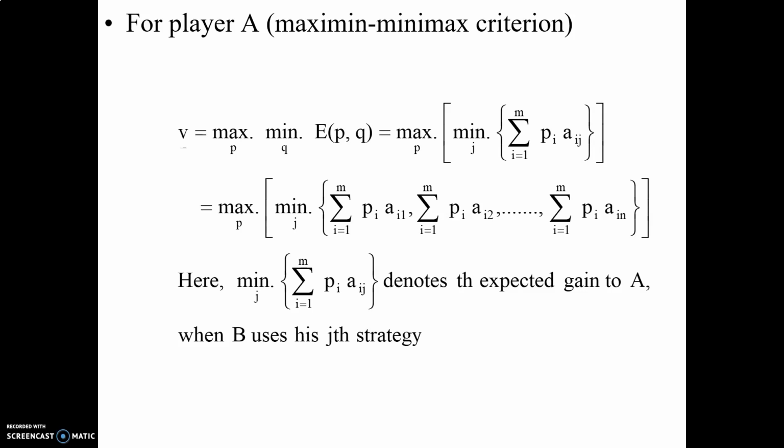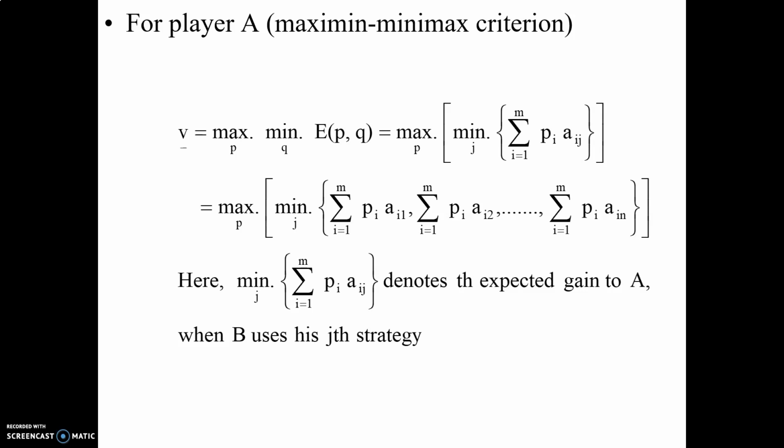For example, V is the value of the payoff matrix, where max is over P and min is over Q. E is the expected outcome, and E(P,Q) equals max over P of min over j of summation i equals 1 till m of Pi Aij. This is the mathematical notation used for calculating the value of the payoff matrix.